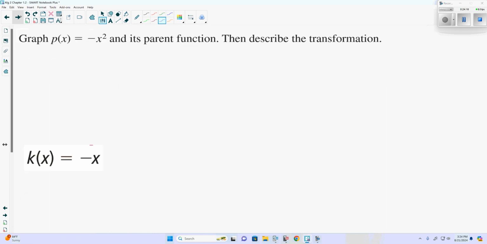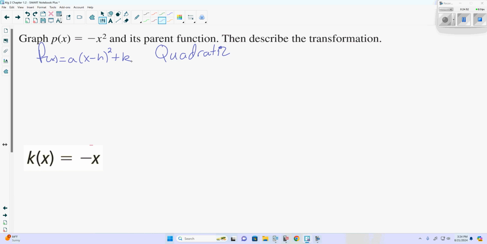Specifically, if we look at this first one here, P of x equals negative x squared. The x squared tells us it's connected to which one? Quadratic. Now, the general form for quadratics is A times x minus h squared plus k.